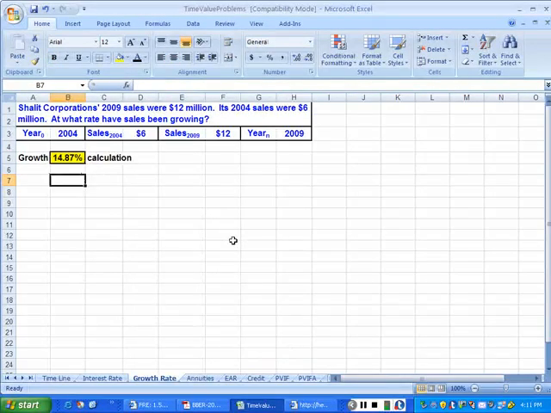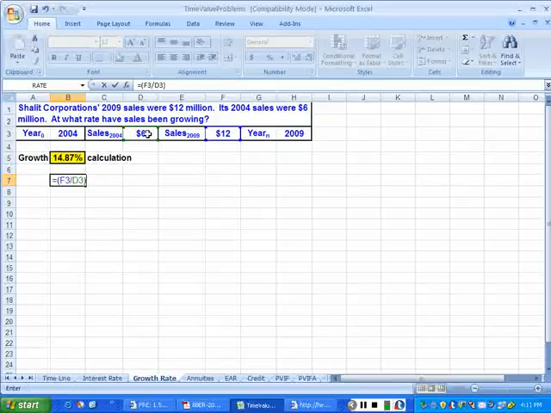The other is to simply infer what's gone on here, which is if we were to take our ratio of 12 to 6, what we have here is that we've gone ahead and doubled it over a particular period of time.